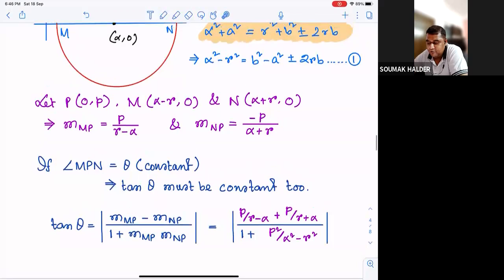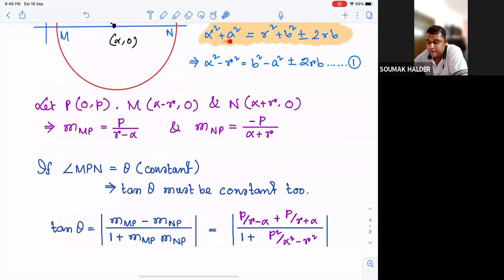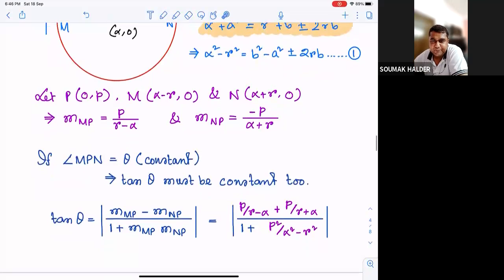So now can you identify the motive of changing the highlighted line found after squaring to this formation, where we are considering a correspondence of alpha square minus r square as b square minus a square plus or minus 2rb?